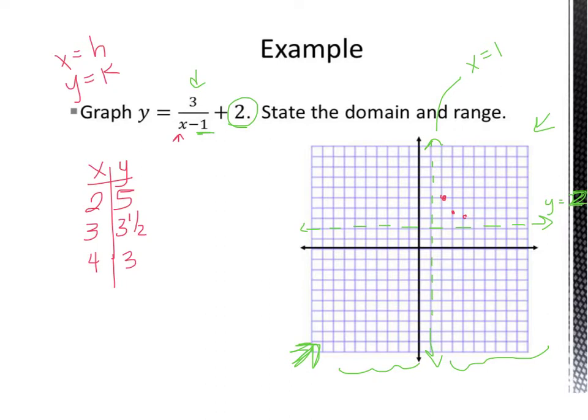And so this is going to come down this asymptote, turn, and come this way. It's important to know where those asymptotes are because you can't cross them. Okay, so there would be one of my branches, and then I know the other branch has to be to the left of that asymptote, so we'd start at 0. If you plug in 0, you get -1.